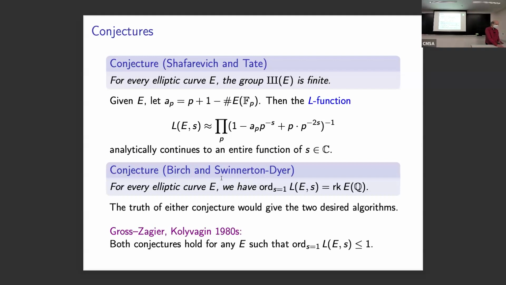And also in the Birch-Swinnerton-Dyer conjecture, there are refinements that tell you not only the order of vanishing, but also the leading term in the Taylor series at 1 in terms of other arithmetic invariants of E. Anyway, it's known in the case where the order of vanishing is at most one, so there's some evidence for it.